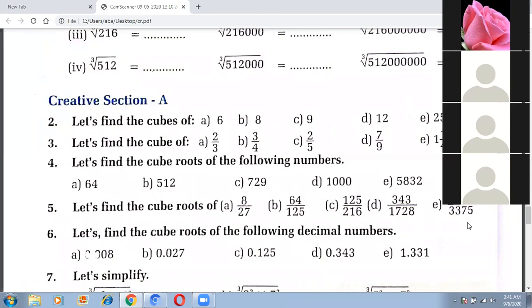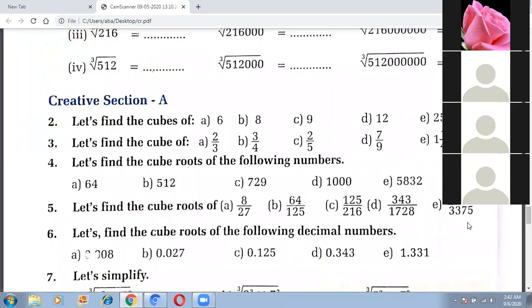Now question number 3. Let's find the cube of 2 by 3. What is the cube of 2 by 3? Cube of 2 by 3 is 2 by 3 whole cube.